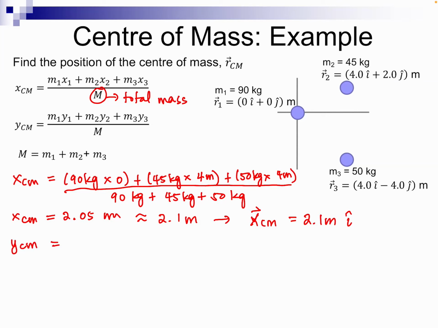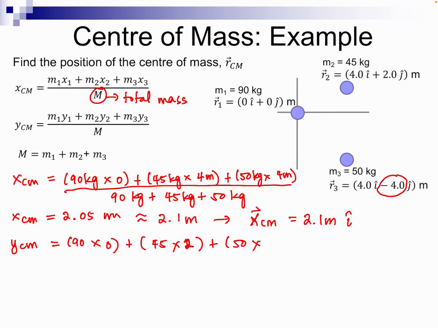So m1, again, 90 kilograms times the position along y, which is again 0, plus m2, again 45 kilograms. Position along y is 2 j hat, it's positive. So that's just 45 times 2, plus m3, 50 kilograms times, this time the y position of m3 is -4.